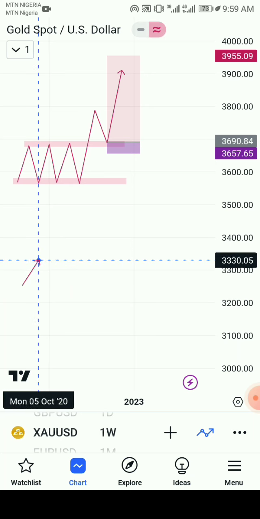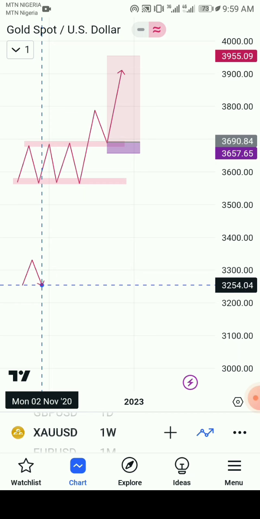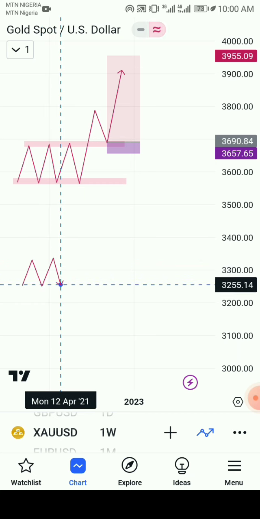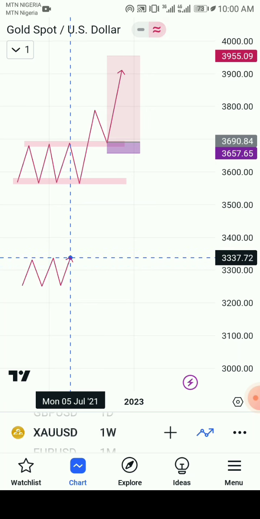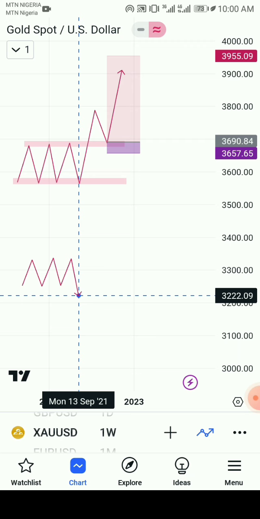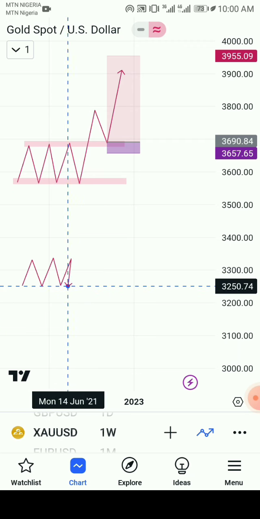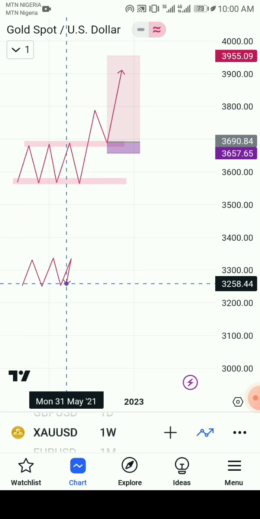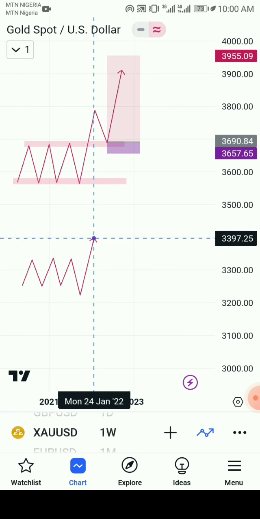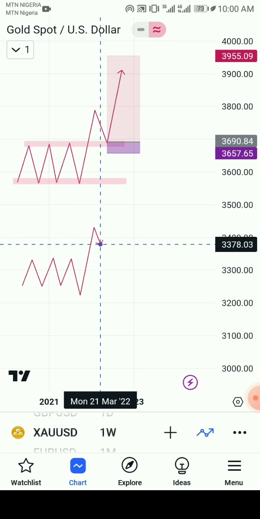Price is doing something like this. Up, down, up. Price drop. Took out all the buyers, swept, broke structure, came back.